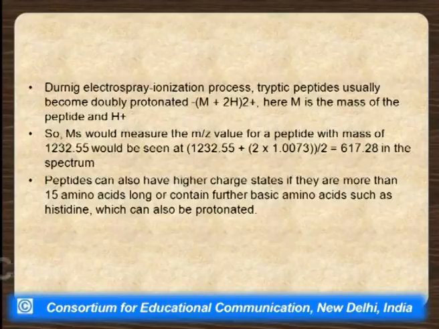If you are starting off with a 1200 peptide, it will be seen as 600 in the spectrum because it has gained a charge. Peptides can also have higher charges if they are more than 15 amino acids long, and if they contain more basic amino acids such as histidine, which can also be protonated.